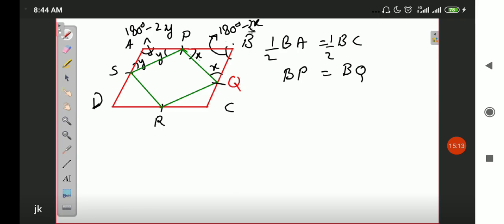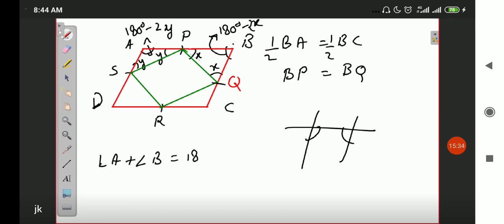Now what I want to do is, I will say that AD line and BC line are parallel, opposite lines of a rhombus are parallel, and AB is a transversal. So these two co-interior angles should be supplementary. That means angle A plus angle B should be equal to 180 degree.